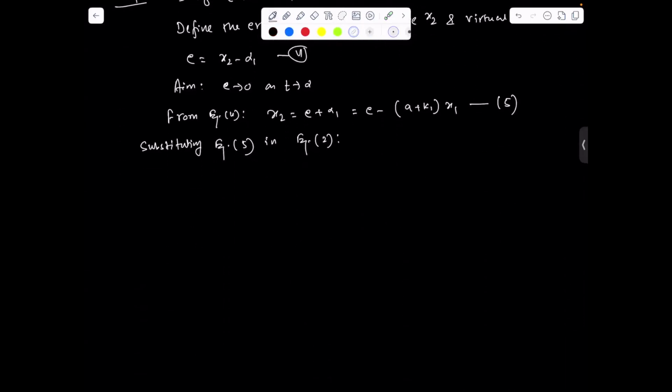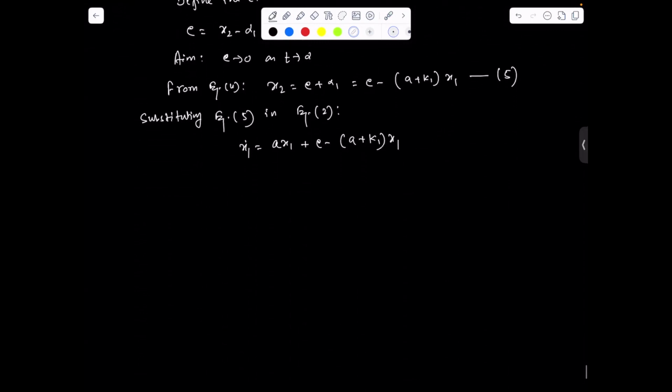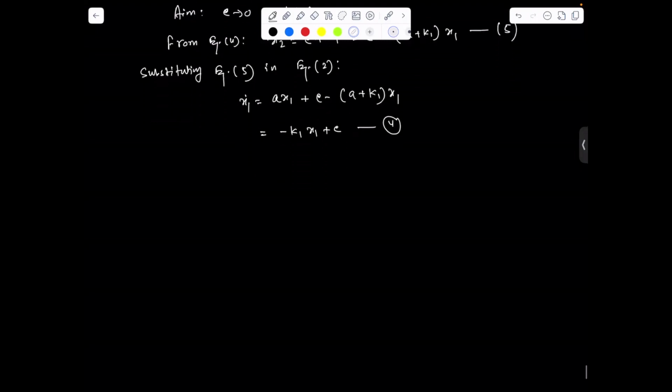We can write x1 dot equal to a x1 plus e minus (a plus k1) x1, and from this we can write minus k1 x1 plus e. Now this expression is written in terms of the x1 dynamics and the error, which will be useful for deriving the stability part.